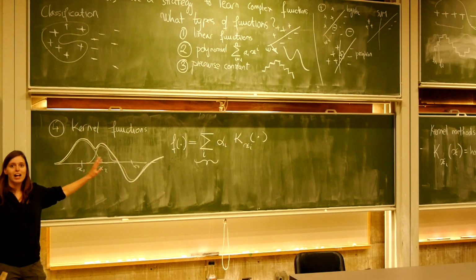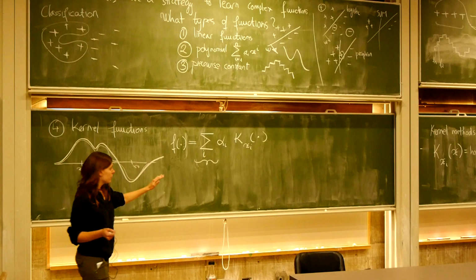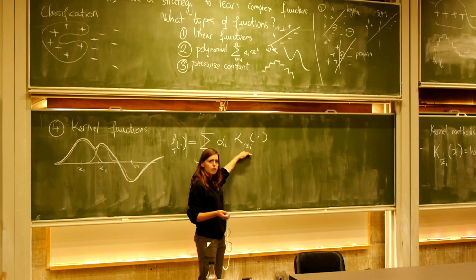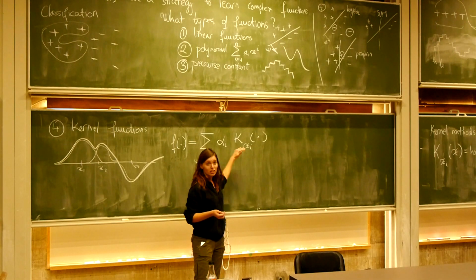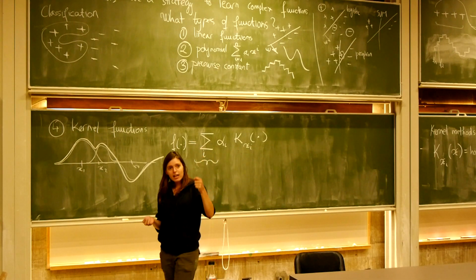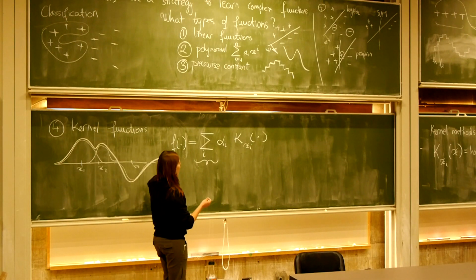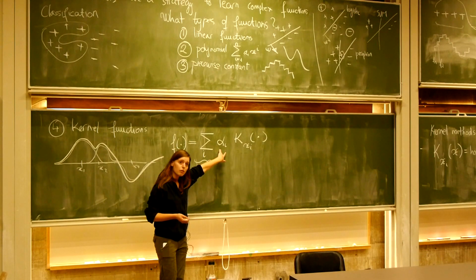Okay. So I want to just be clear that this is exactly what you guys have been implementing and asking me about, what those alpha i's are. When you implemented the kernel perceptron, what you did was the following. You chose a kernel, a polynomial function, and you started cycling through your points, and you started with f being completely 0, as represented by the fact that all the alphas are 0.